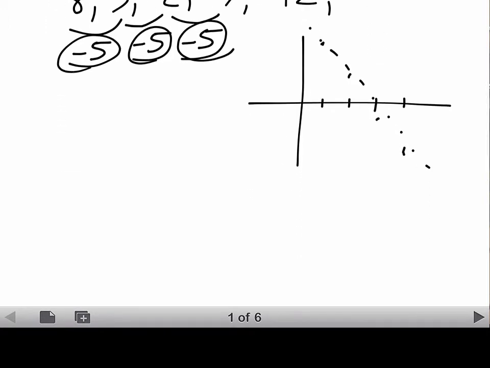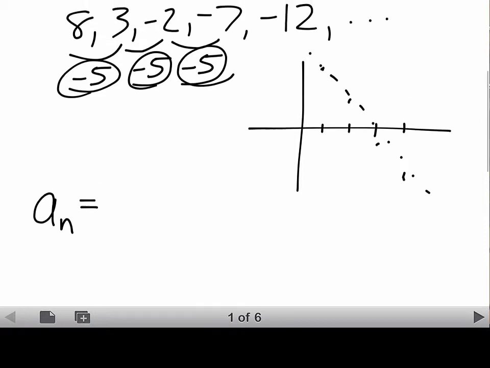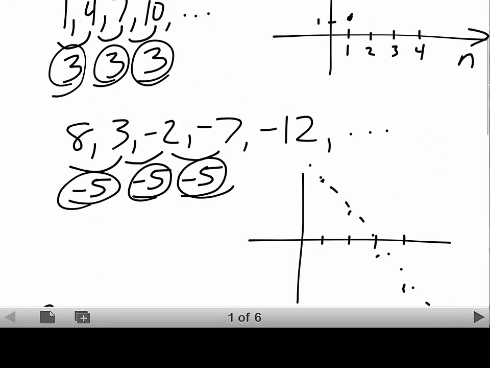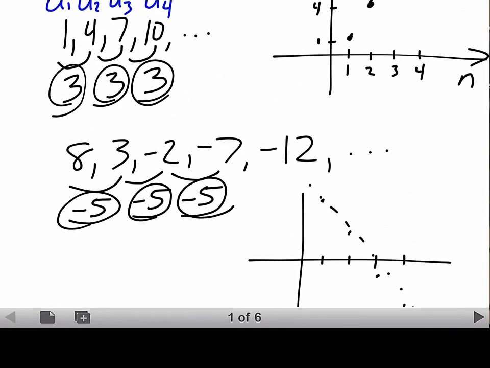We talked about sequences before, and we looked at an nth term. And it's not going to be any different here. We're looking at a sub n, and in each case we're adding the same number to get subsequent terms. And so if I scroll up here, this number that we're adding, in the first case it was 3 each time, right? 1 to 4 to 7 to 10, each time we were adding 3.